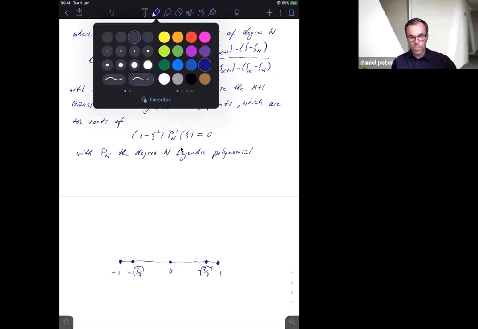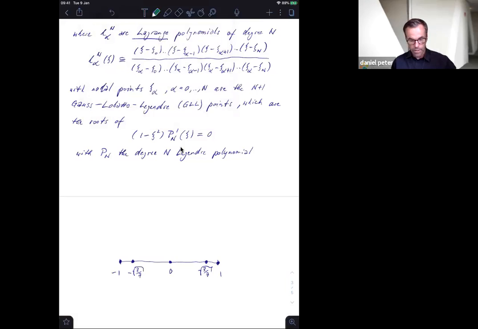And then we have these polynomials. So green. The first polynomial will be 1 at the first nodal point at -1, and then 0 at all the other nodal points. So the polynomial will look something like that.